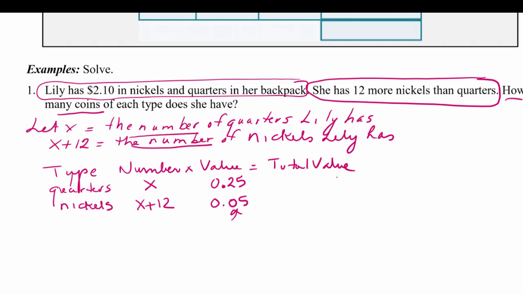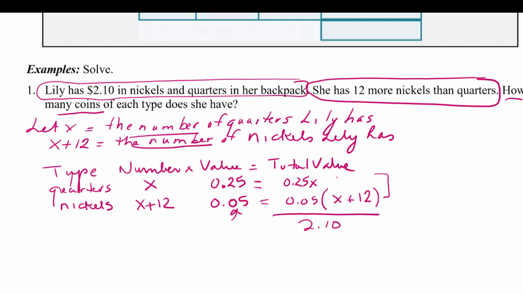To get the total value we multiply these two, so here we get 0.25x, and here we get 0.05, and because our number is an expression, we need to put it in parentheses, just like that. When we add these 2 together, that's going to give us our $2.10.